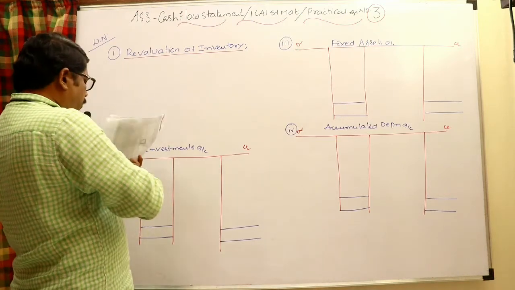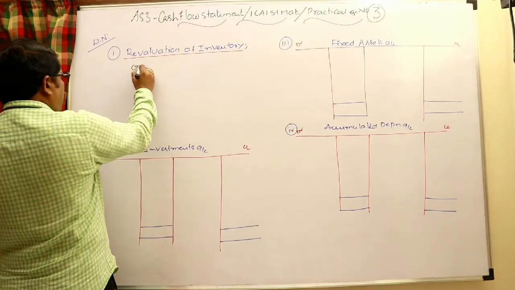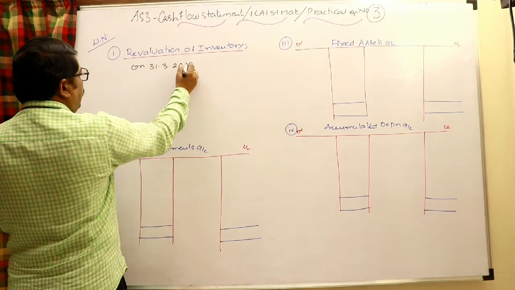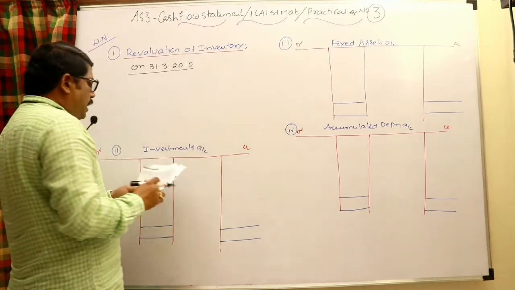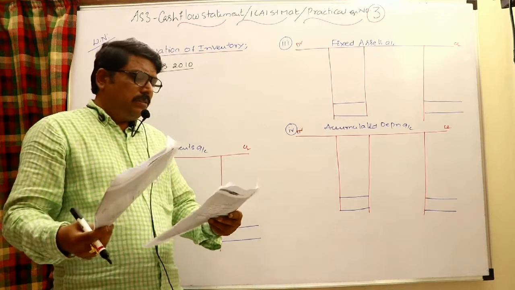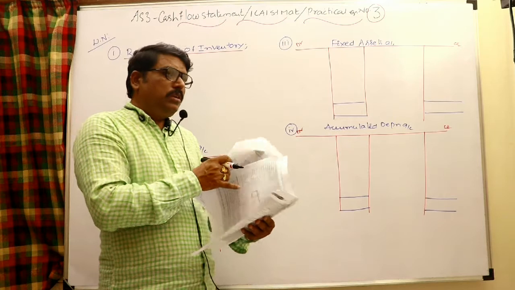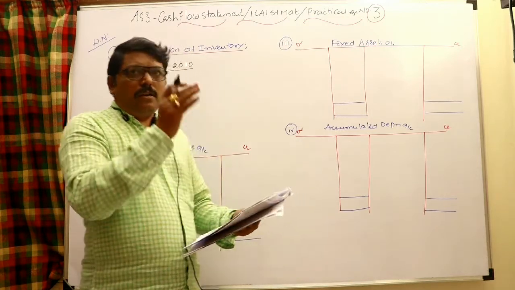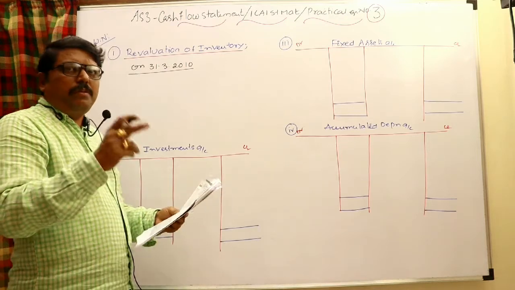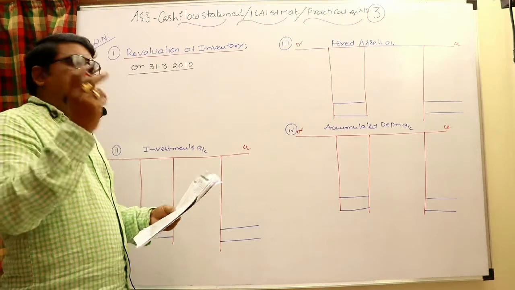First, revaluation of inventory on 31st March 2010, which is last year. Actually check how much stock is given. It is given as 2,16,000, where cost is 100. It is shown 10% lower than cost, which is equal to 90%. If 90% is equal to this much, 10% is equal to how much, and that is to be added back.